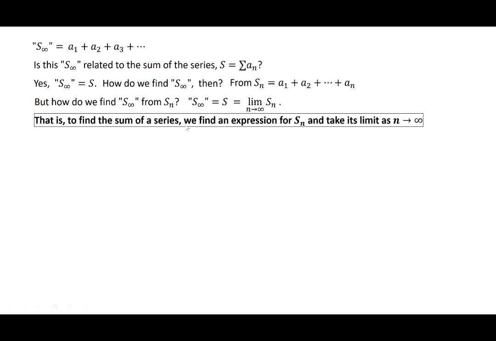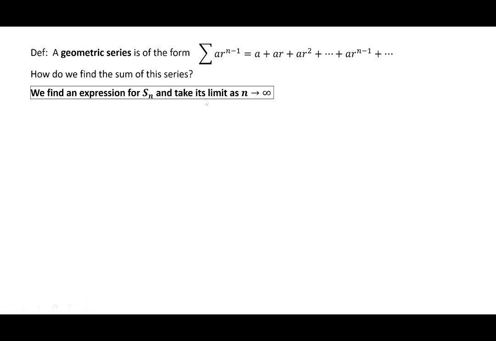Is there a connection between my stating, hey, to find the sum of a series, find S sub n and then take its limit as n approaches infinity, and immediately talking about a geometric series? Yeah, because I can now ask you, is there a way to find the sum of this geometric series? And immediately you should say, yeah, there is. What we'll do is we'll find the S sub n, the nth partial sum of this series, and take its limit as n approaches infinity.